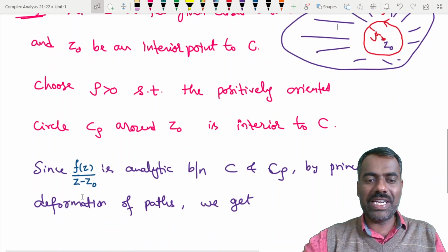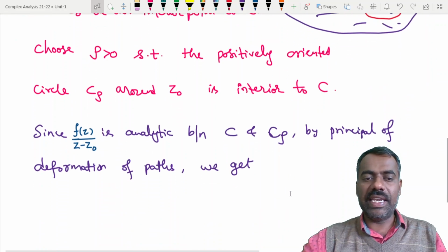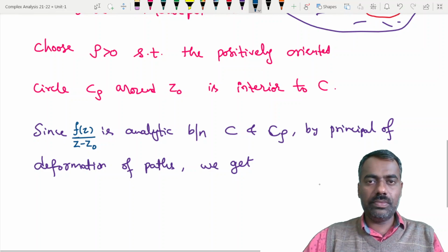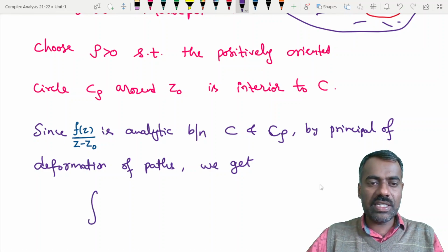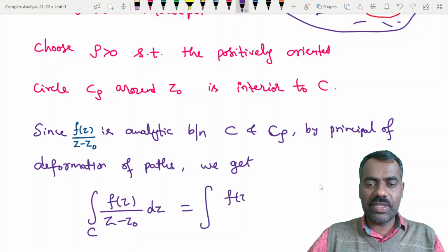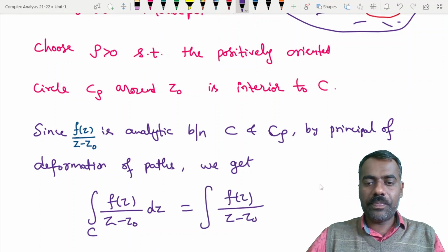This function f of z upon z minus z naught is analytic. Therefore, by applying the principle of deformation of paths to this function, the integration of f of z upon z minus z naught dz over C is the same as the integration of f of z upon z minus z naught over C rho.